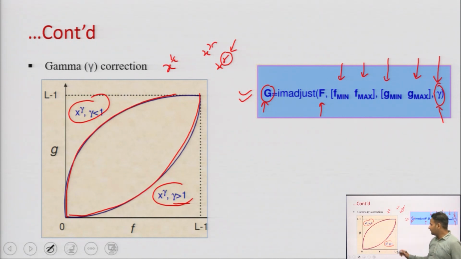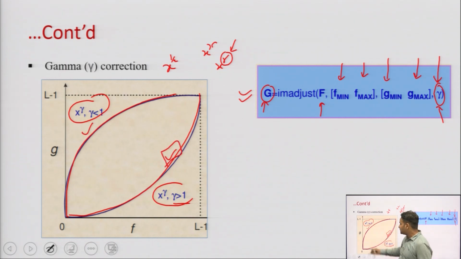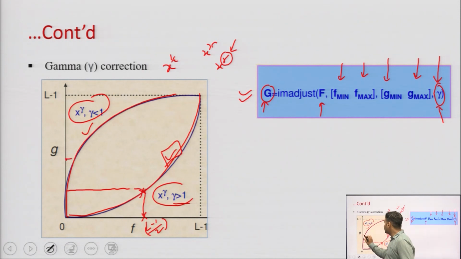If gamma is high, then your function looks like this. You may observe the significance of this function and that function here. Then choose one point: if f is at this particular location, let me consider that as L minus 1 by 2, and your g point is lower than this.